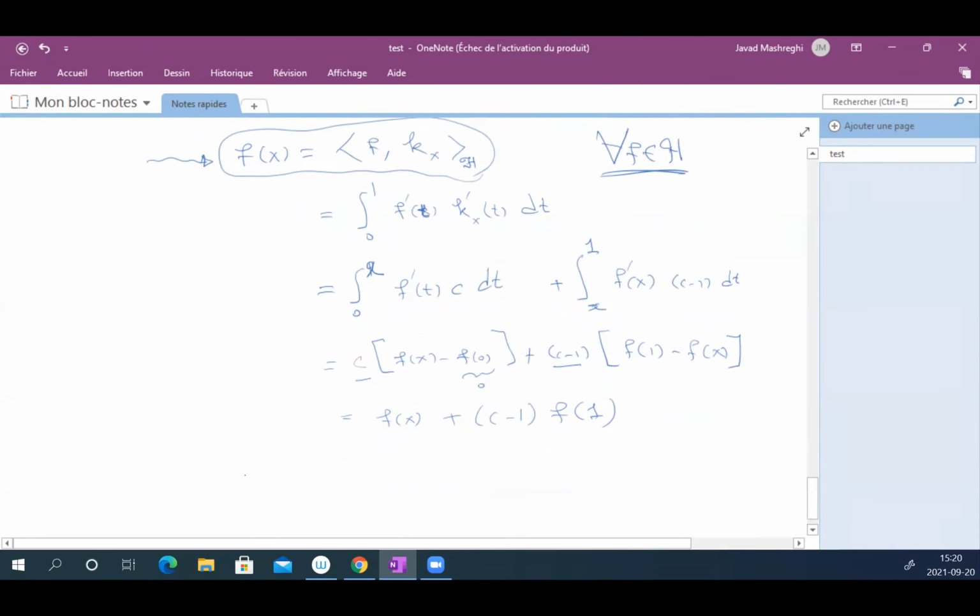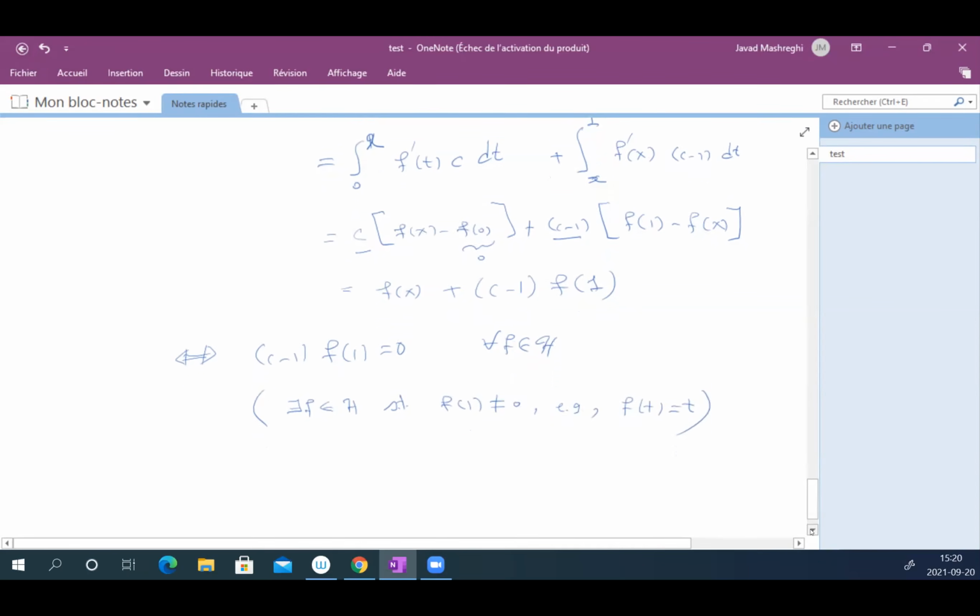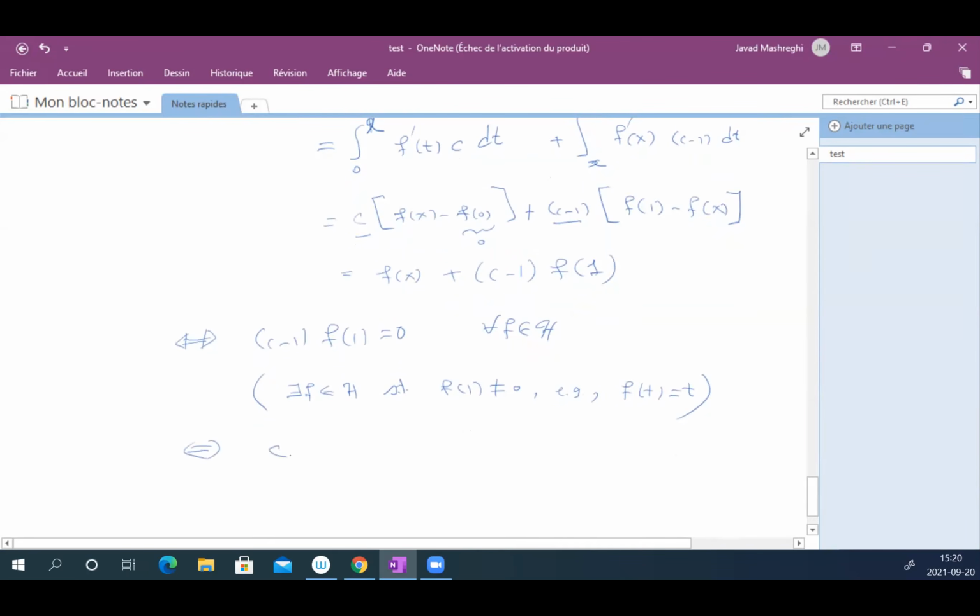So if we want this identity to be true, we should have (c − 1) f(1) equal to 0 for all f in H. And there are elements f, very easy to construct, for example f(t) equal to t in H, such that f(1) is not equal to 0. So therefore, this implies that c has to be equal to 1.